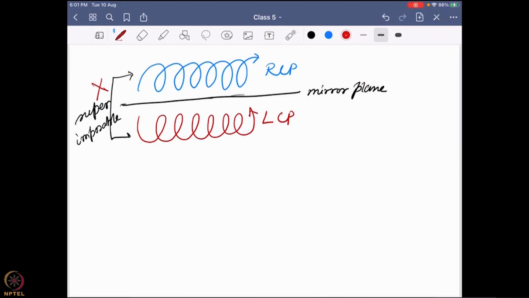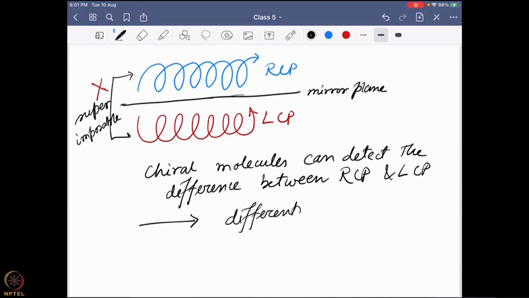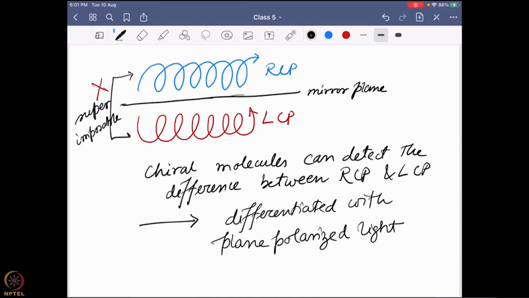And these chiral molecules can detect the difference between a right hand circularly polarized light and left hand circularly polarized light, and that is why the chiral molecule can be differentiated with plane polarized light, because it has two different components, right hand and left hand circularly polarized light, and a chiral molecule can detect this chiral environment.